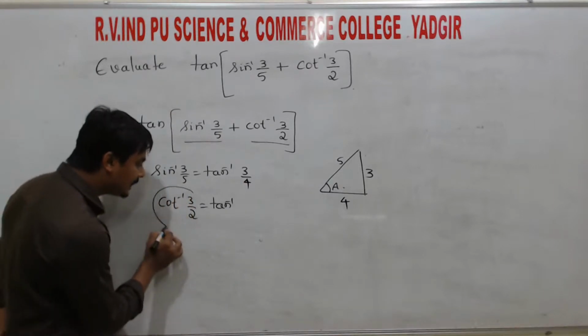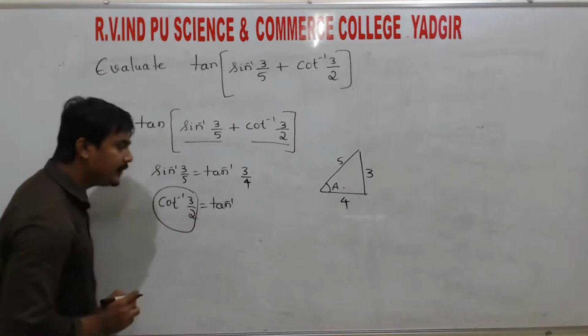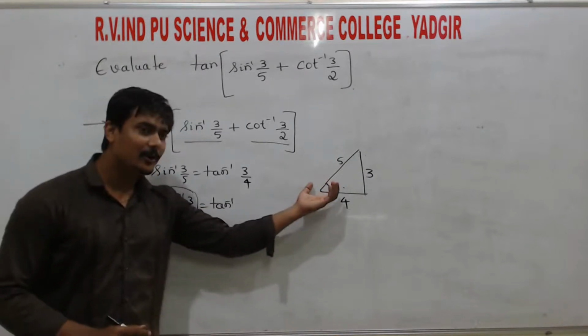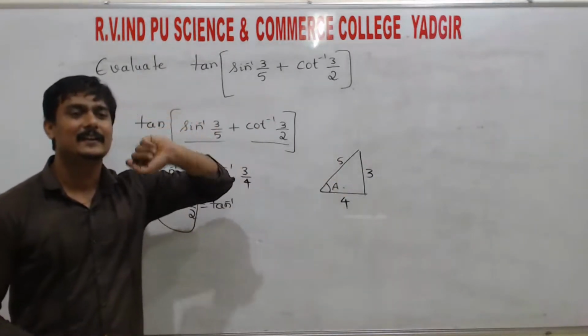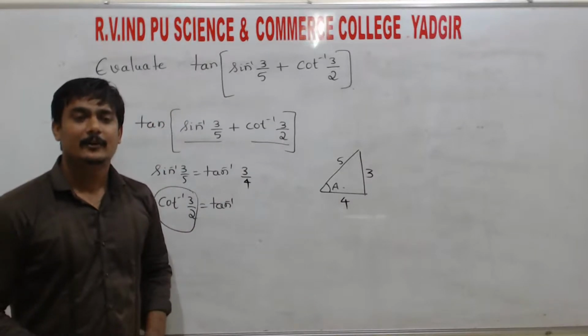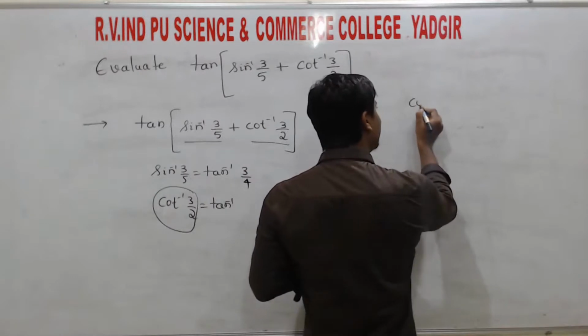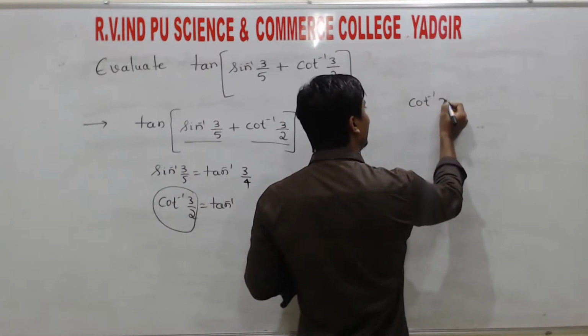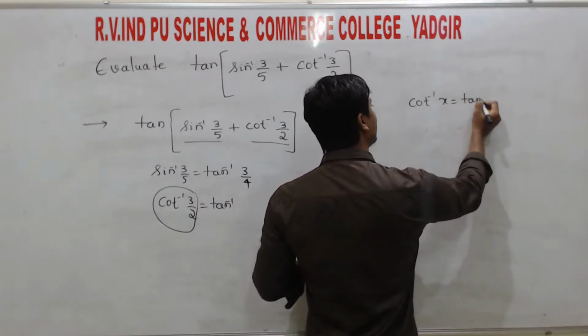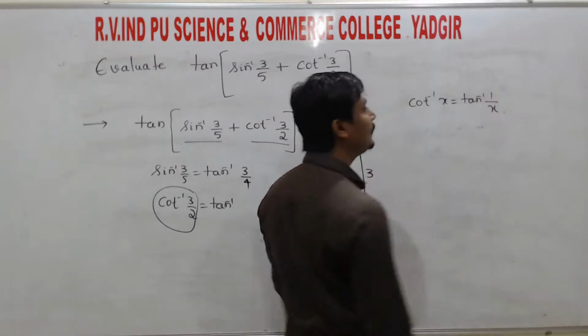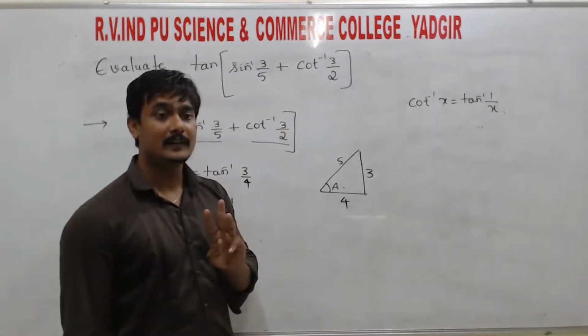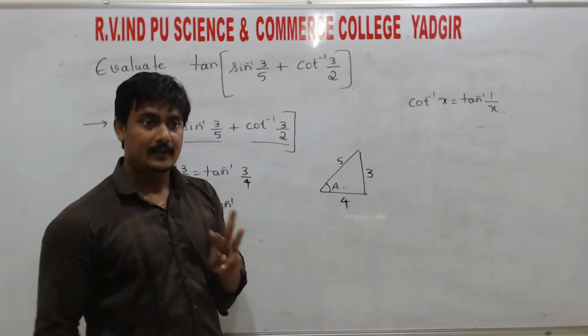Now to express cot inverse of 3 by 2 in terms of tan inverse, I need not even construct the right angle triangle. You may be thinking, sir, why? For this, a ready-made formula is there, dear students. Cot inverse of x is equal to tan inverse of 1 by x. Already we have proved three such results.